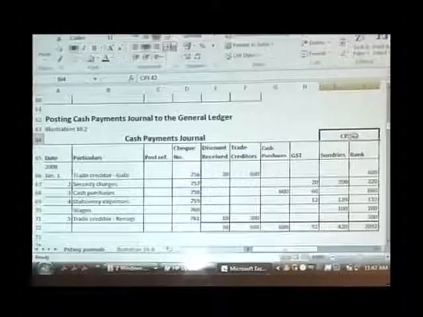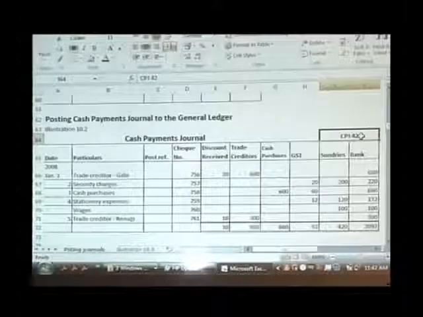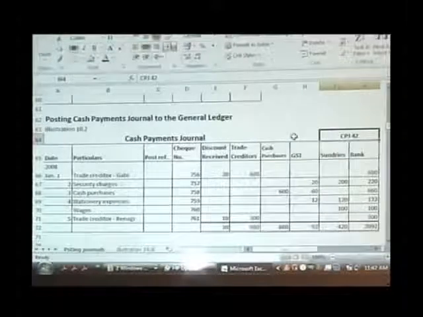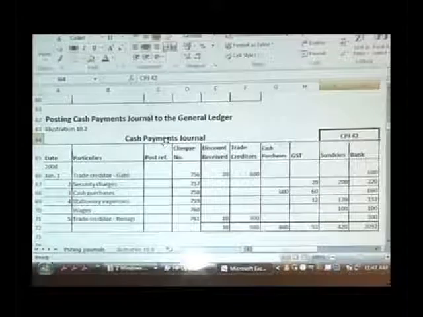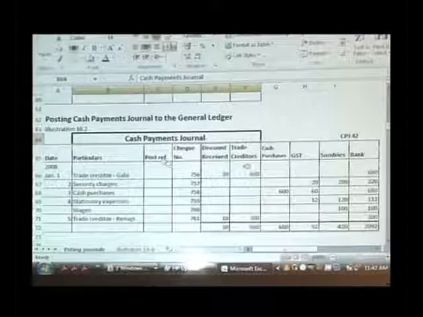Okay, and here the cash payments journal page number is 42. This will be used when posting items to the ledger.